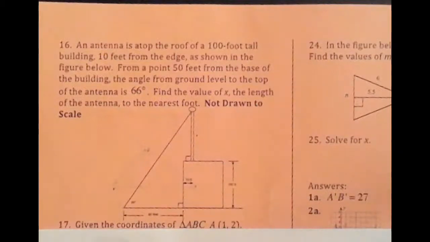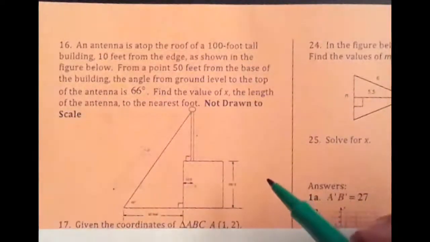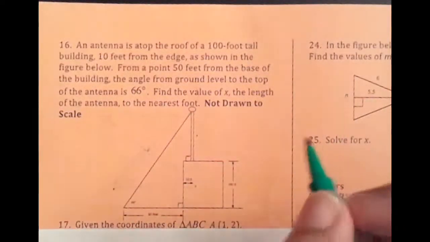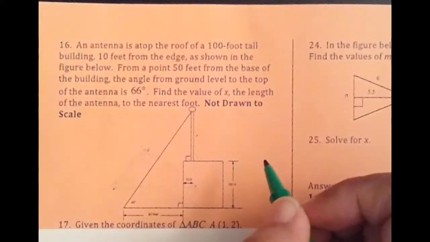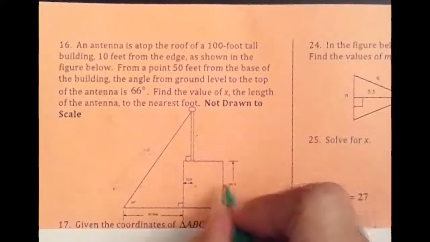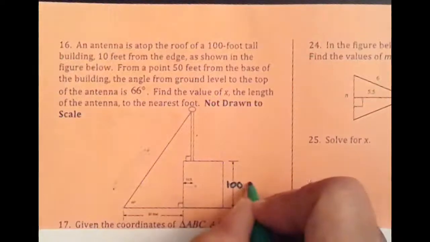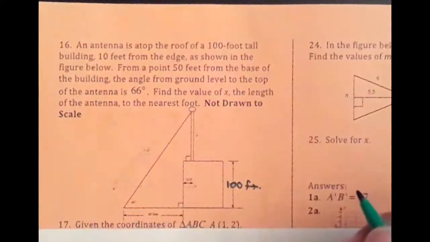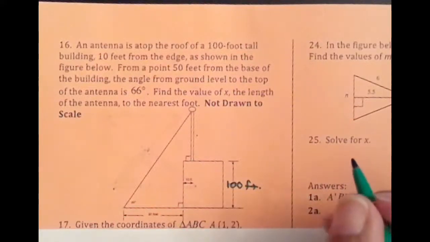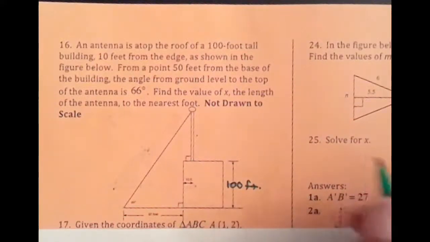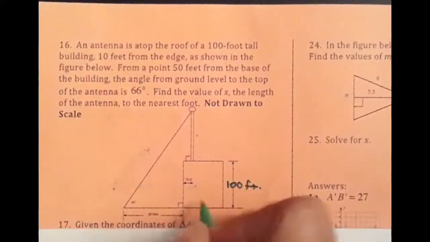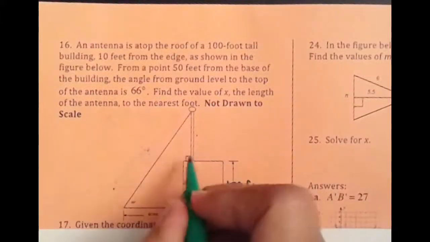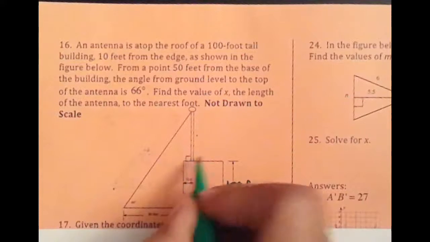Okay, this next one, I'm going to go ahead and use the picture here. It says antenna on top of the roof of a 100 foot tall building. So I know this is really small to see, but this is 100 right here. And then we have a point 10 feet from the edge, so this is kind of inwards right here, 10 feet.